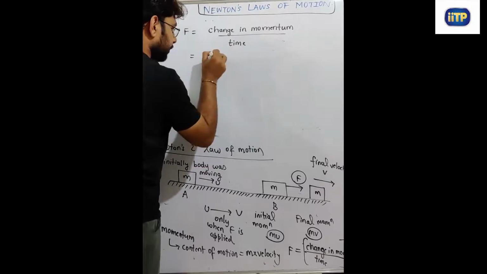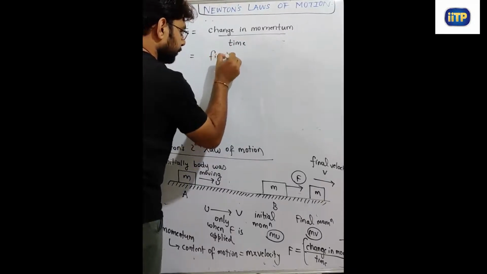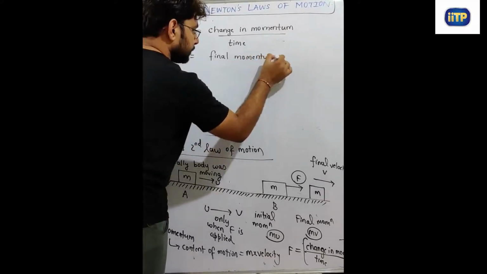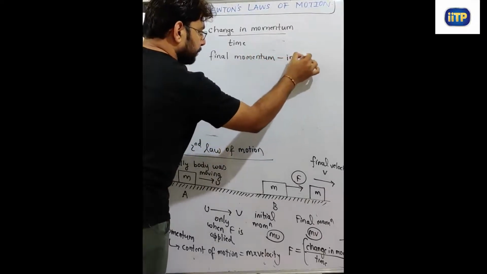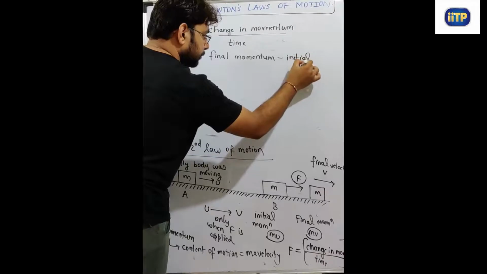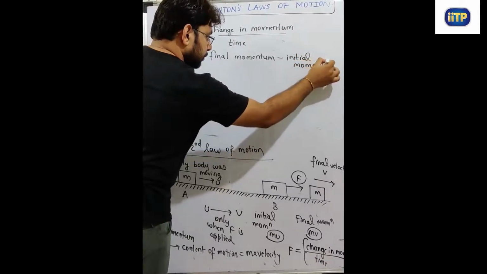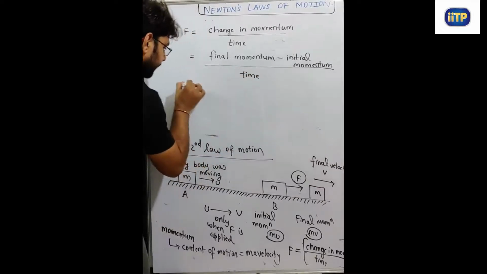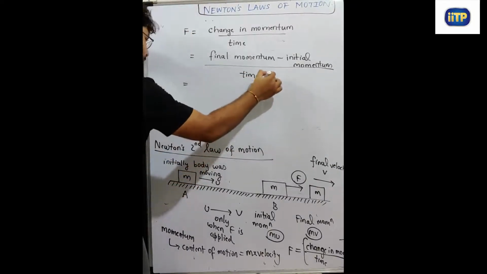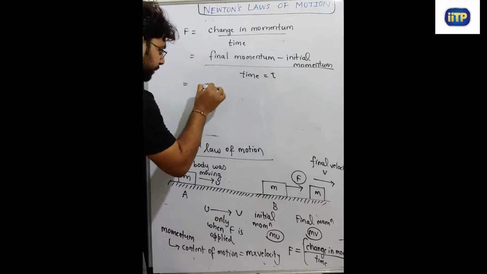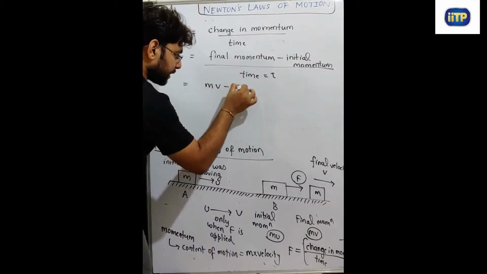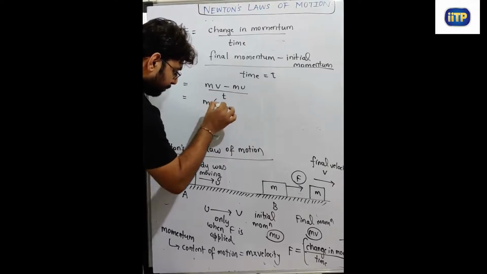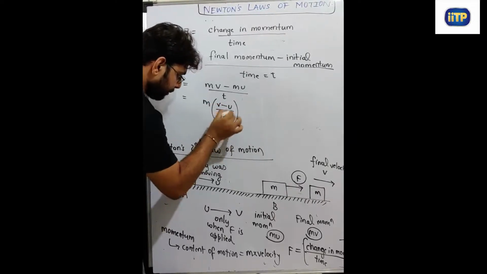So this is equal to the final momentum minus the initial momentum, upon time. Let's say time is t, final momentum is mv, initial is mu. So here you get m common, (v minus u) by t.